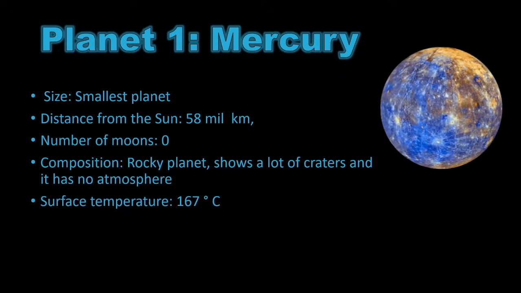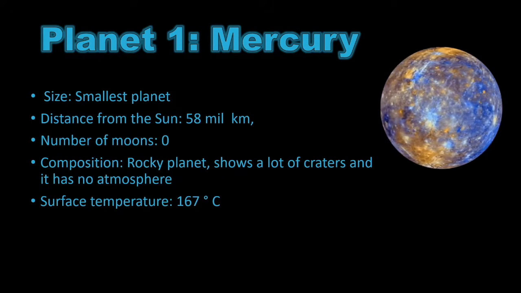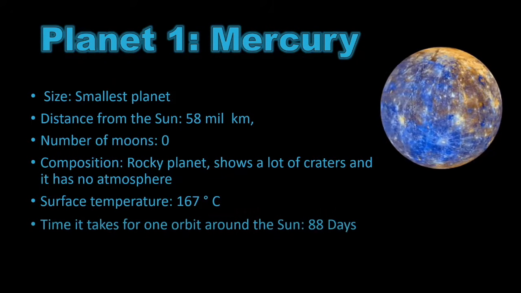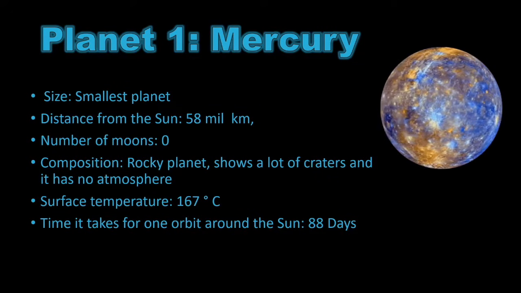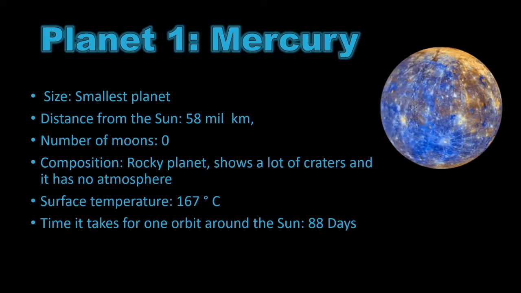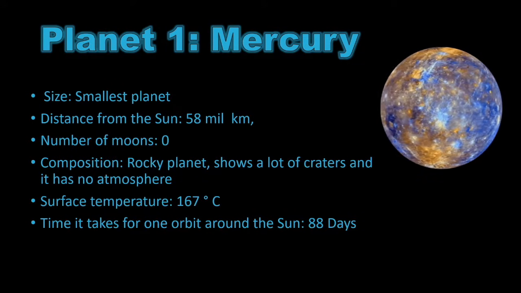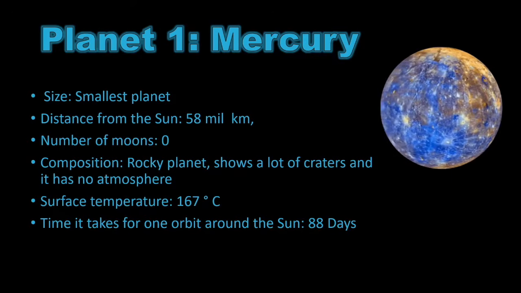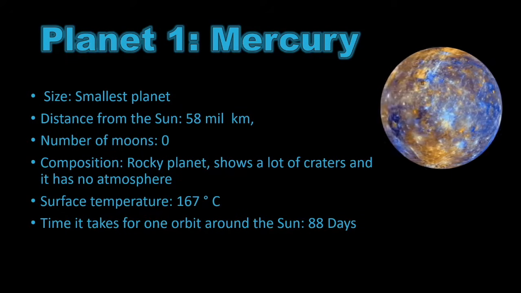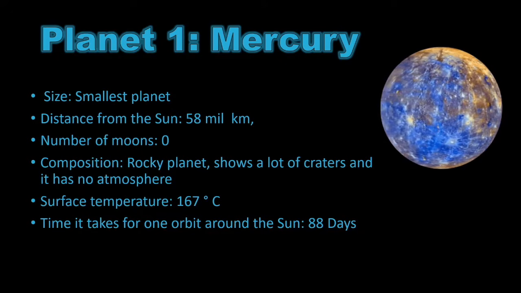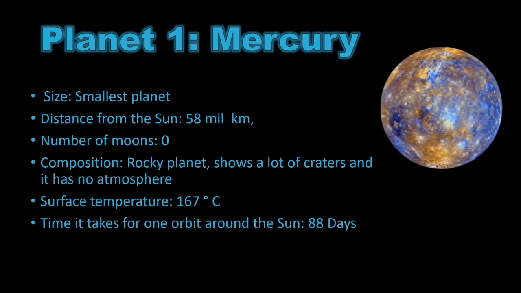An example of a temperature reached on Mercury is 167 degrees Celsius. It takes Mercury about 88 days to orbit the Sun. On Earth, it takes about 365 days to orbit around the Sun. So it does not take a lot of time for Mercury to rotate around the Sun. That means a year on Mercury will be about 88 days.